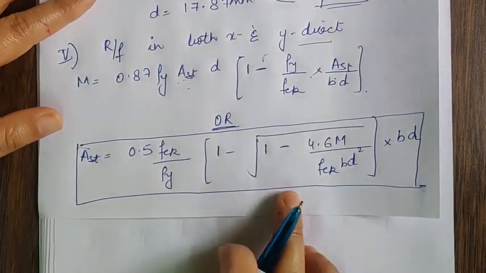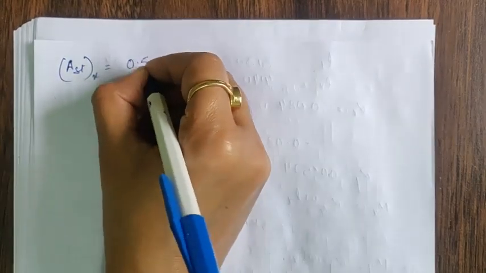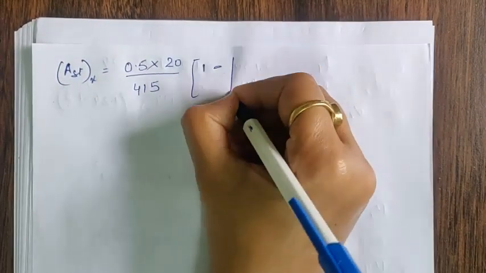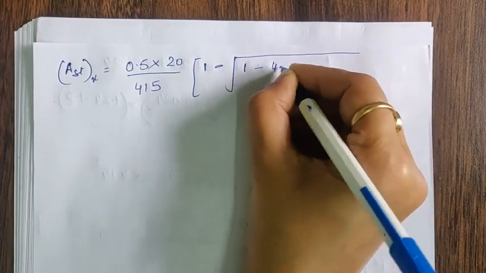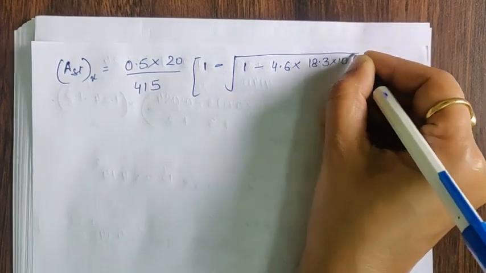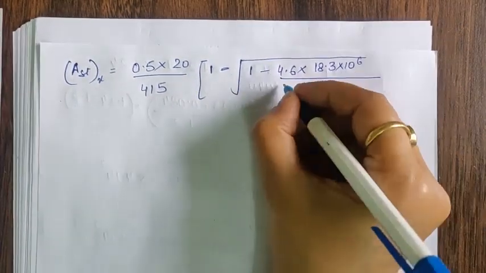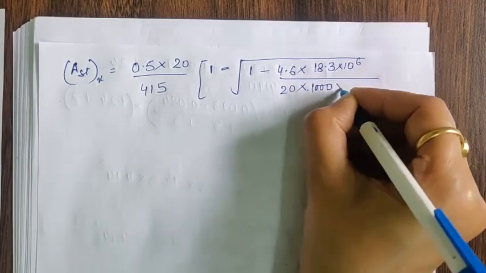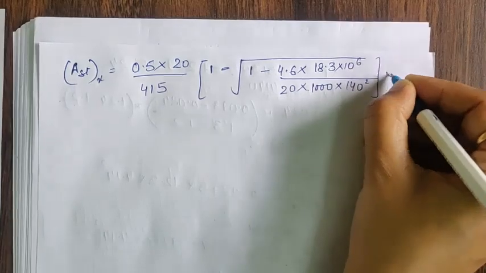Okay. So if I am using this equation, I can find out how much area is required in x direction. It will be 0.5, Fck is 20, Fy is 415, 1 minus root of 1 minus 4.6, moment in x direction is 18.3 upon 20 into BD square, B is 1000 and D is 140 for x direction.